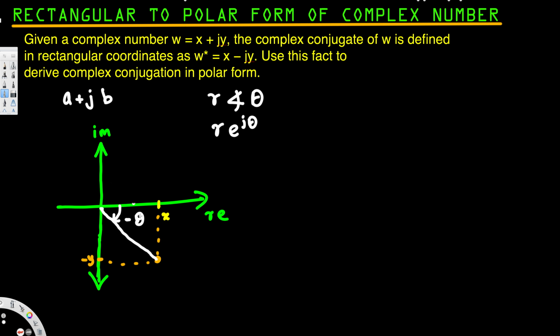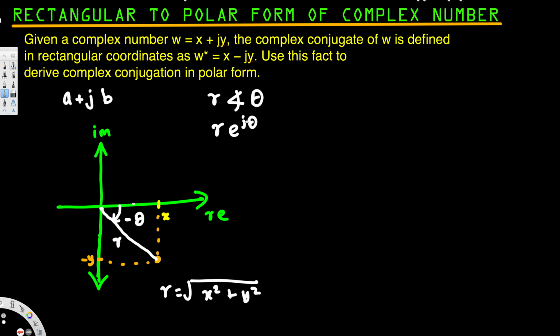Okay, for this one we have to know one thing: this distance we call r, and this r can be calculated using the Pythagorean theorem. That's going to be equal to the square root of this distance squared plus this distance squared, so x squared plus y squared, and that's going to be equal to r.